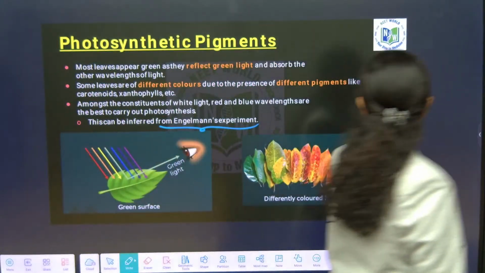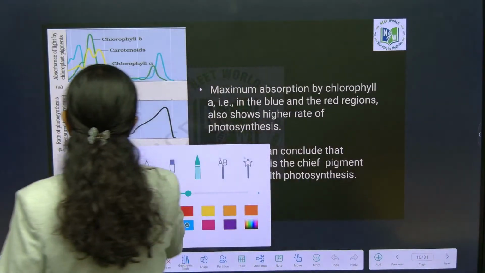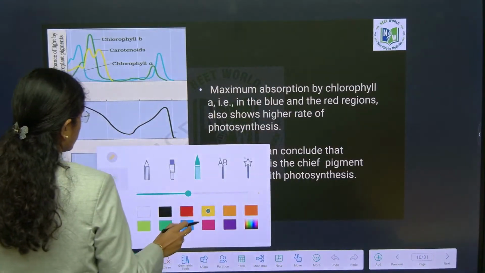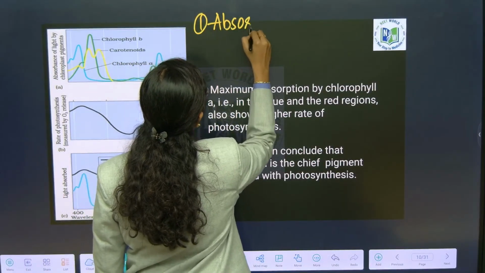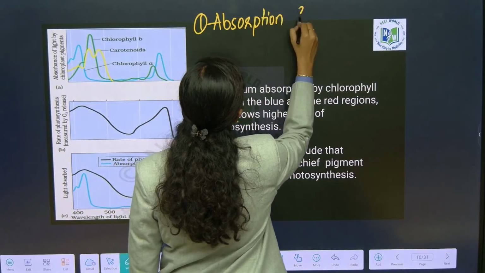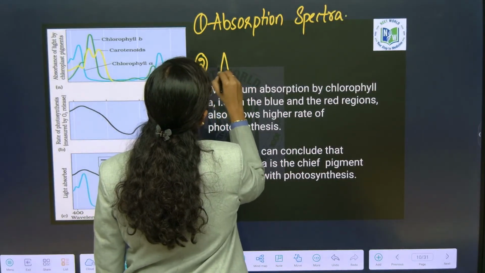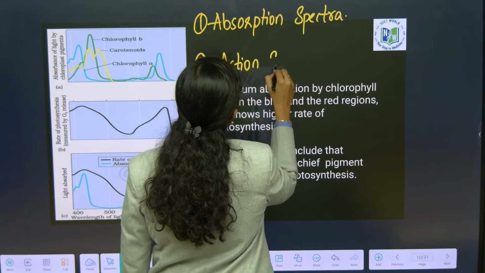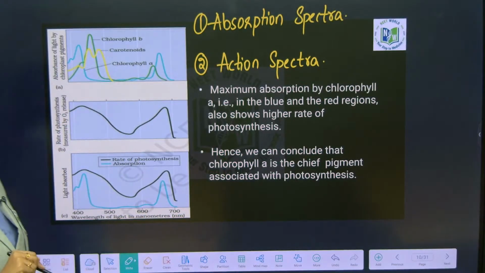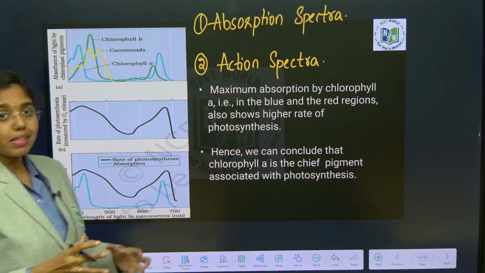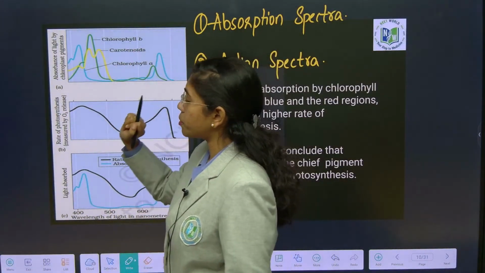And now we will look at what is action spectra and absorption spectra. So, two spectra which are given in our text, very important, we can get a graph based question also. First, what is absorption spectra? And second, action spectra. First, absorption spectra: different pigments absorb light at different wavelengths, which is seen in the absorption spectra.